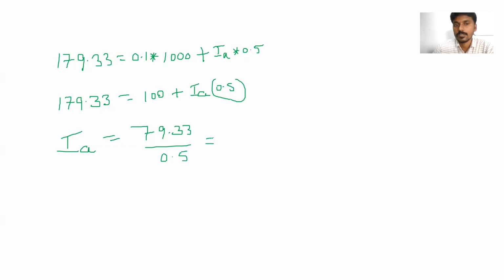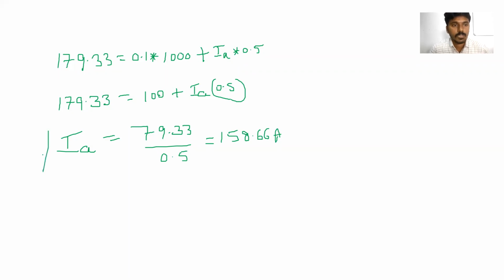What is the value of IA? 158.66 amperes.